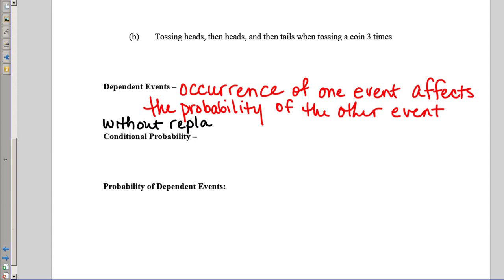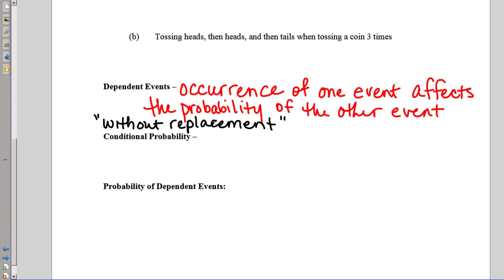Those are kind of keywords that can indicate that you have a dependence. So for example, if I have a bag that has 2 lemons and a lime, and I pull out a lemon first, then the probability of getting a lemon on the second try decreases because I've already picked out a lemon on the first. So that's kind of the idea of dependent events.